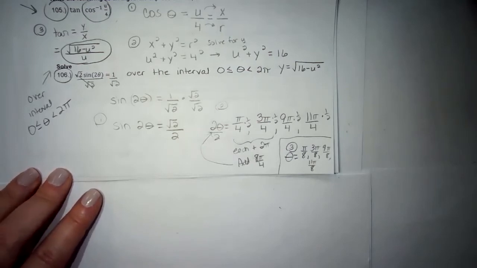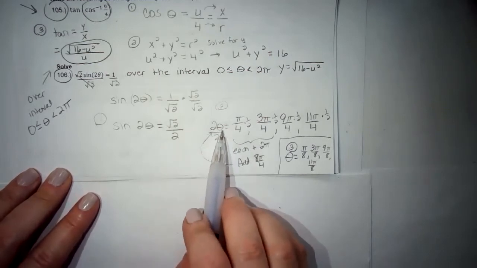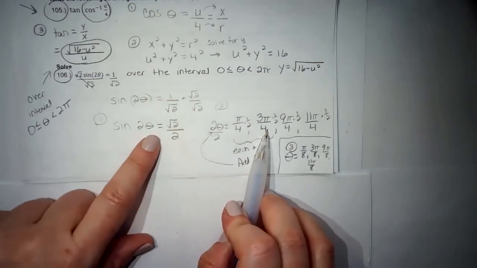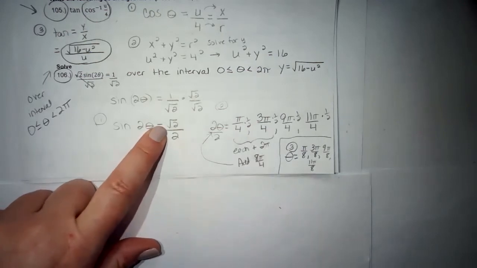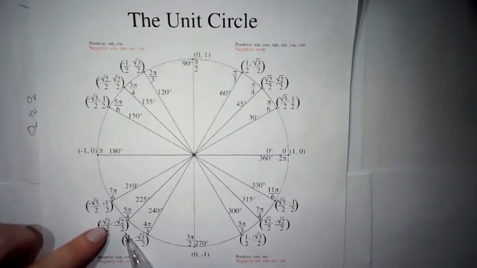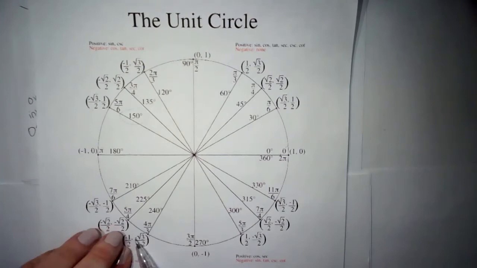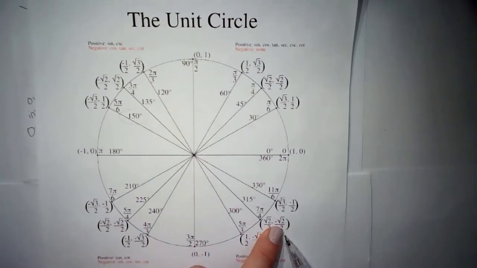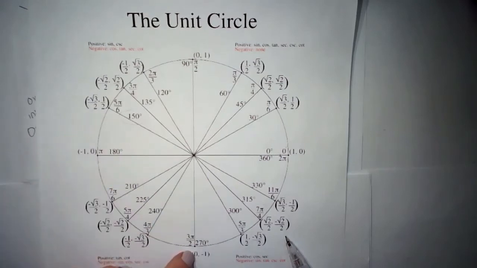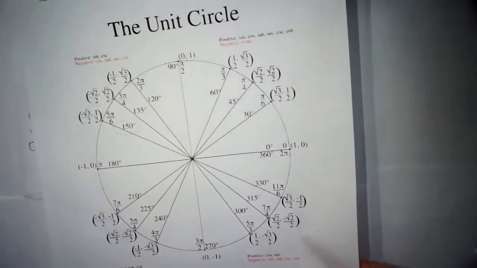So for the root of 2 over 2, you put theta equals pi over 4 and 3 pi over 4, wherever it equals that. Yes. If this were a negative root of 2 over 2, then I would have 5 pi over 4 and 7 pi over 4. So the first 2 come right off of here. And you said a y value because it's sine.